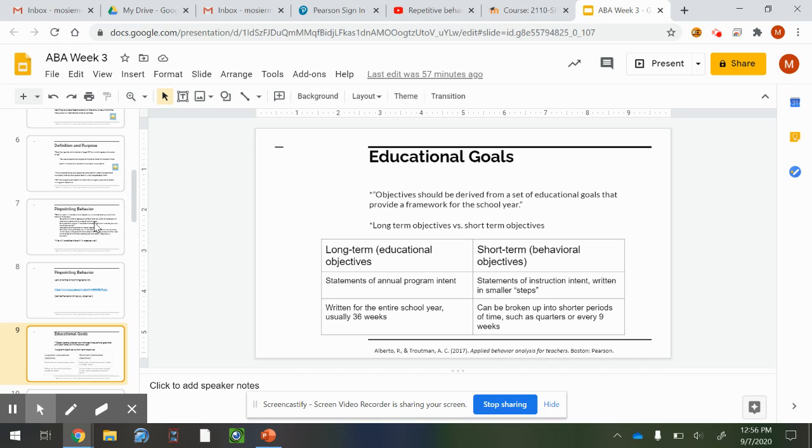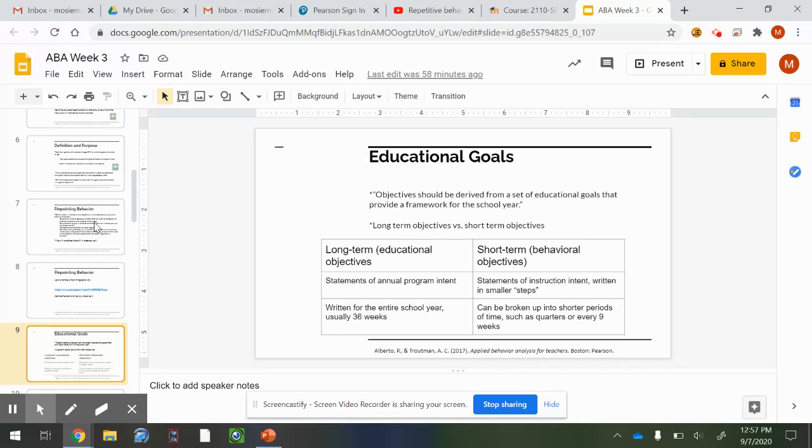So this is just describing the difference between a long-term educational objective and a short-term behavioral objective. So a long-term objective is a statement of the annual program intent. So what do we want to see the student do over the entire school year, usually described as 36 weeks. Short-term objectives, sometimes used in behavioral objectives, again, when the behavior is more intense is when you will tend to see more short-term objectives.